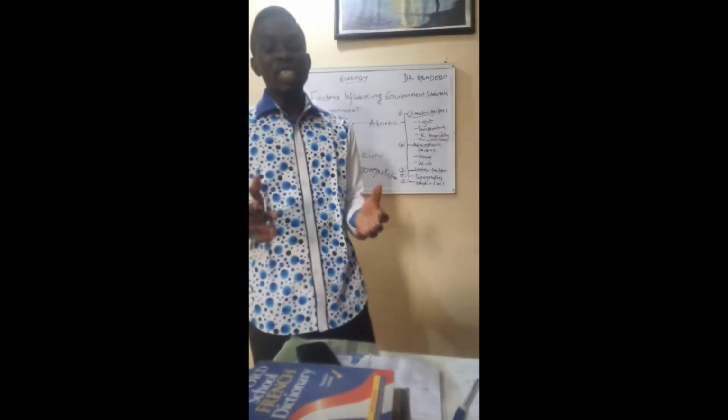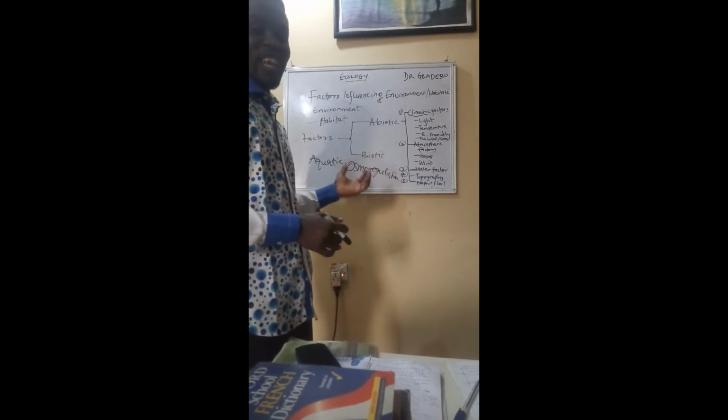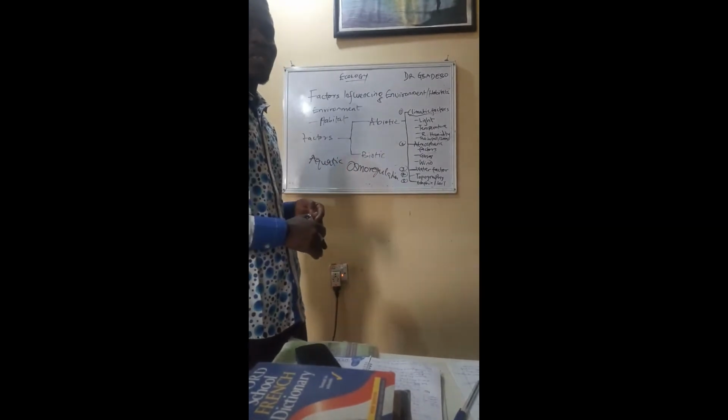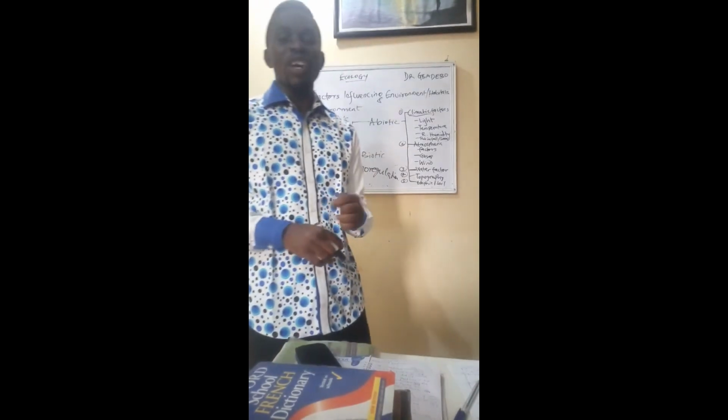So for them to osmoregulate, organisms in the aquatic environment will tend to be taking in water to osmoregulate their salt water content. However, the reverse is the case for organisms in the marine or saltwater environment.